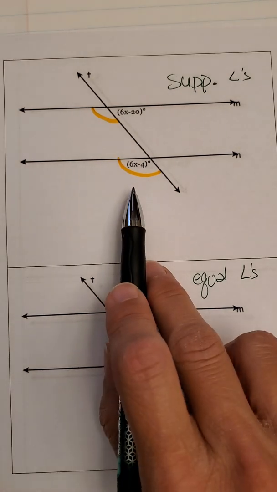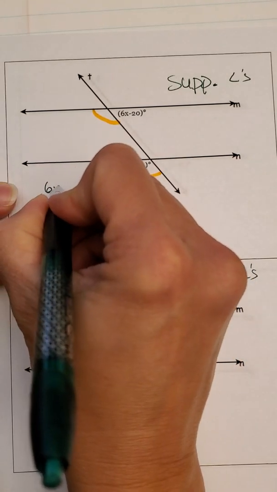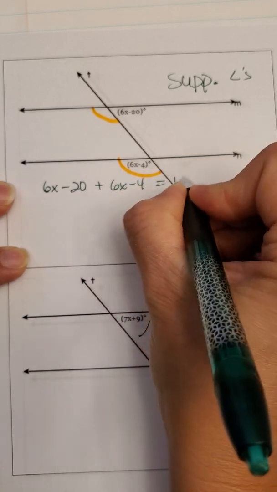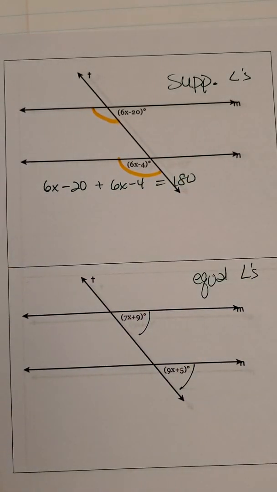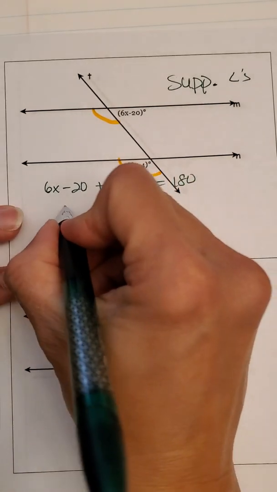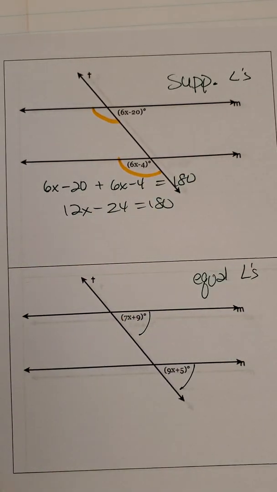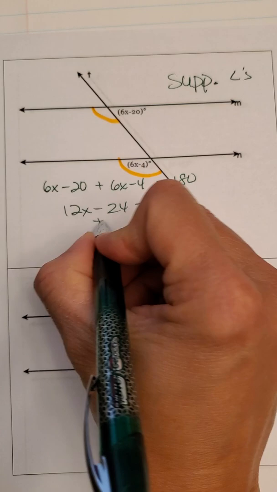So if I made an equation up here, I would say 6x minus 20 plus 6x minus 4 equals 180. That would be my equation, because they're supplementary angles, which means two angles that add up to 180. And then I would just combine like terms. So I get 12x minus 24 equals 180. And I would continue to solve. I'd add 24 to both sides.